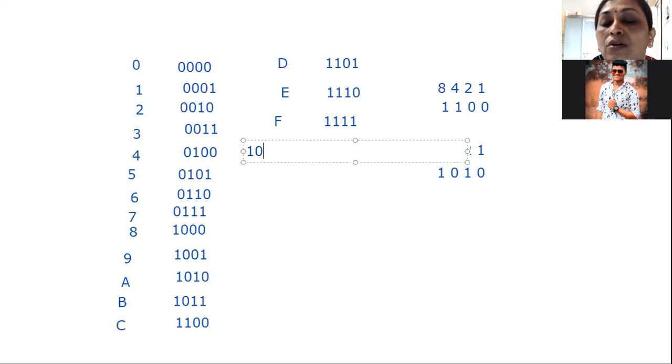Okay. So, whether you understood this, students, is it clear how to count hexadecimal numbers, how to convert hexadecimal to binary, how to convert decimal to binary, or how to use the 8421 code in order to convert a hexadecimal number into its binary equivalent?